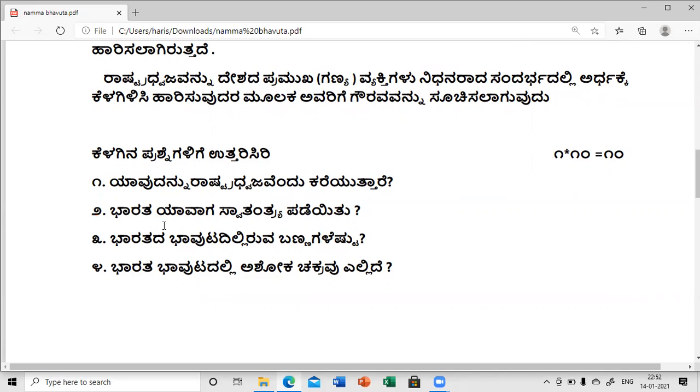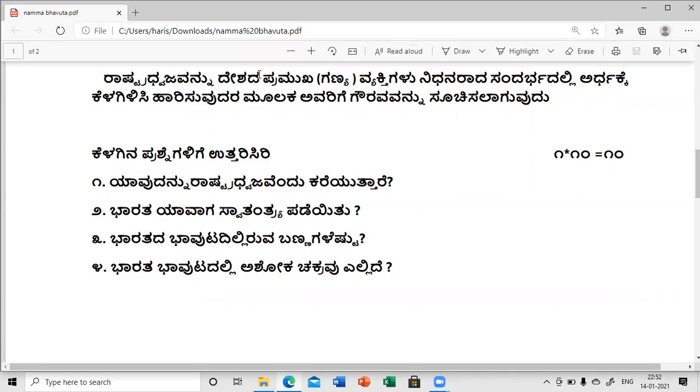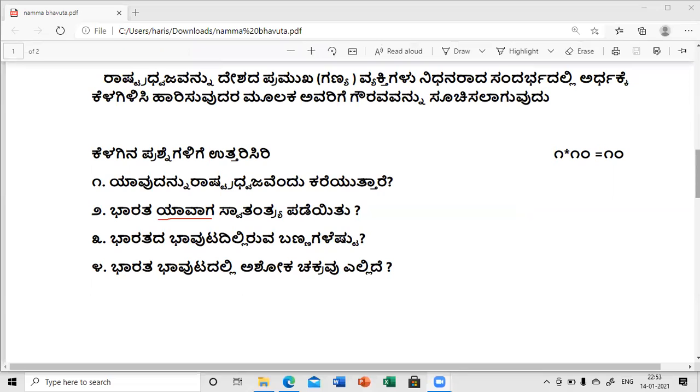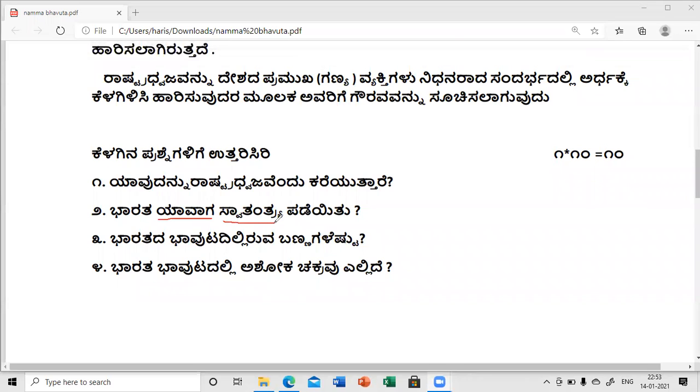ಭಾರತ ಯಾವಾಗ ಸ್ವತಂತ್ರ ಪಡೆಯಿತು? Again, you have to focus on this word ಯಾವಾಗ. Focus on the question word because that would tell you what to expect from the passage. ಯಾವಾಗ is the main thing, and another word we have to look at here is ಸ್ವಾತಂತ್ರ್ಯ. ಯಾವಾಗ is "when", and ಸ್ವಾತಂತ್ರ್ಯ is basically freedom.